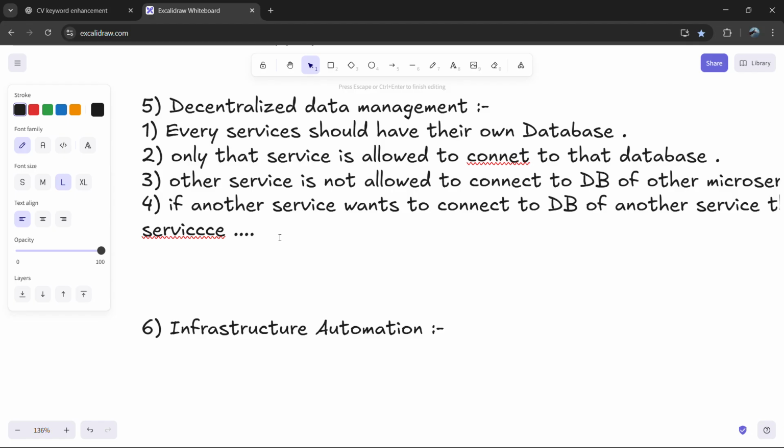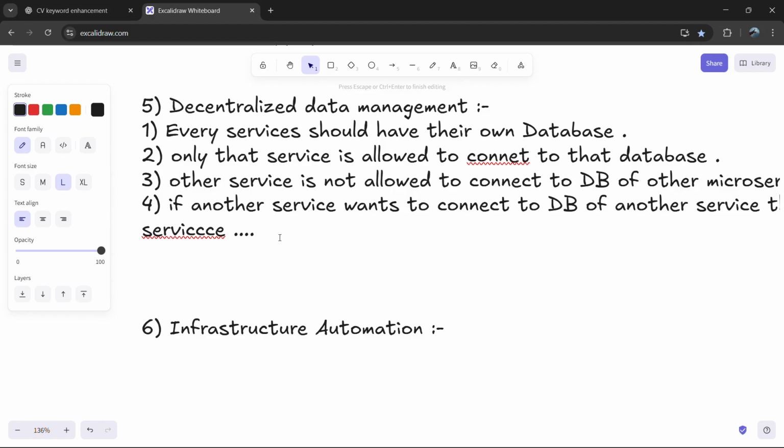Basically, in service-based architecture, there are many services running at the same time. Manually deploying, monitoring, and scaling each one is very difficult.